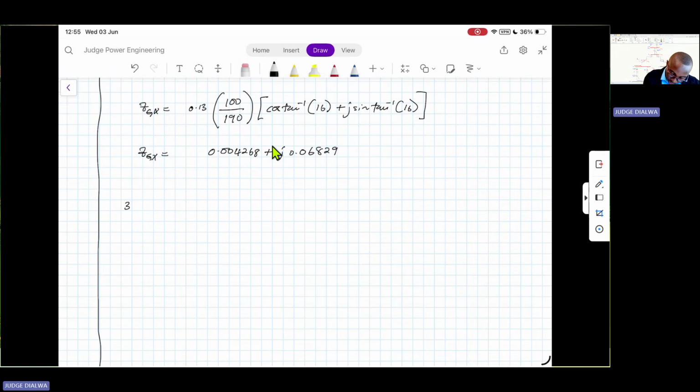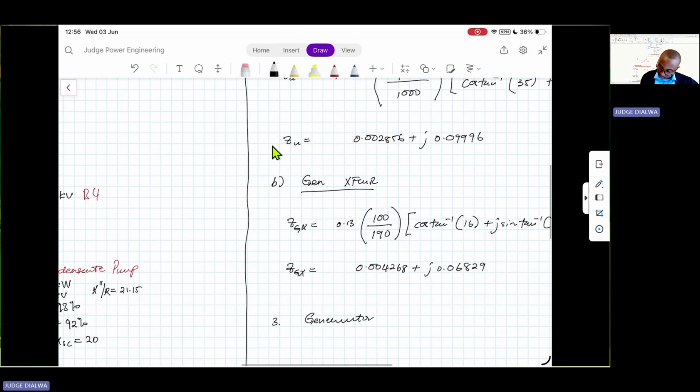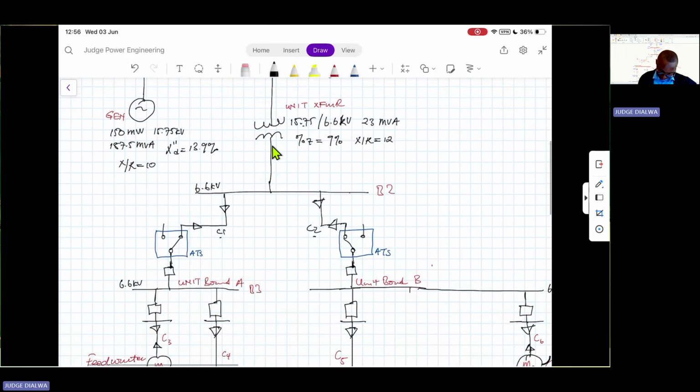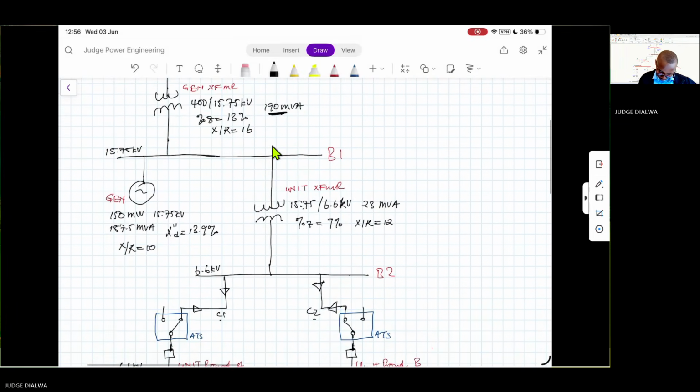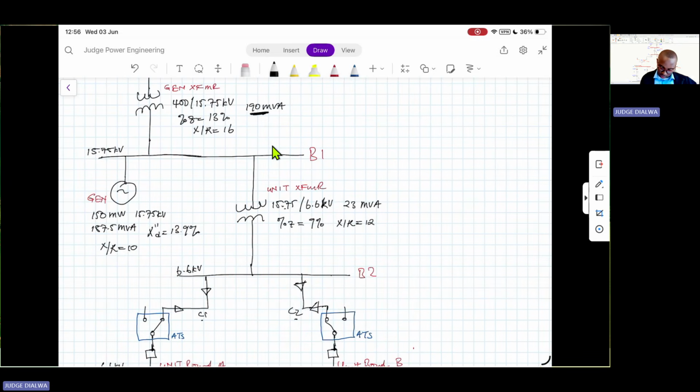Now moving on to our generator. What data are we given for our generator? We have the MVA rating, we have the terminal voltage, the subtransient reactance, and also the X over R ratio.